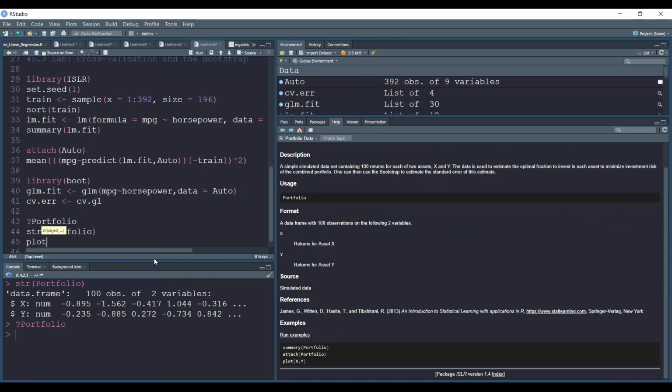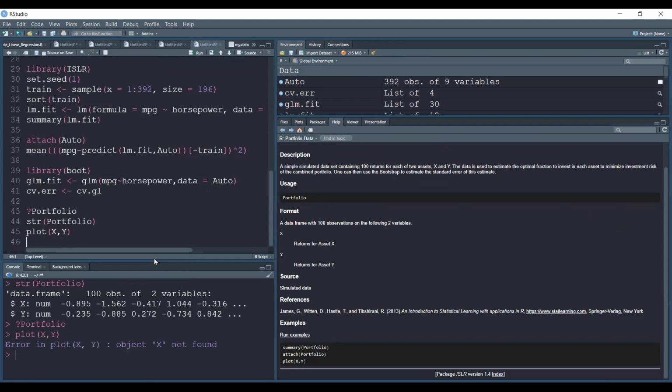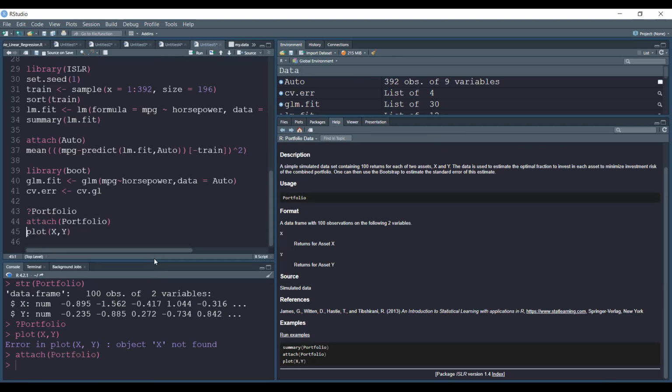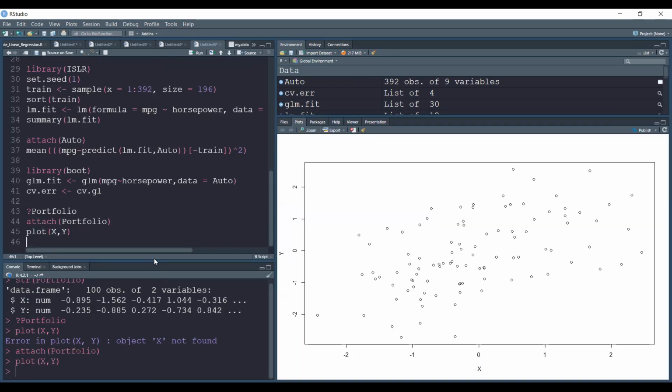So if we do plot x comma y. Yeah. So I probably need to attach it first, otherwise you can't really plot. So these are your returns, and you have what looks like positive correlation.